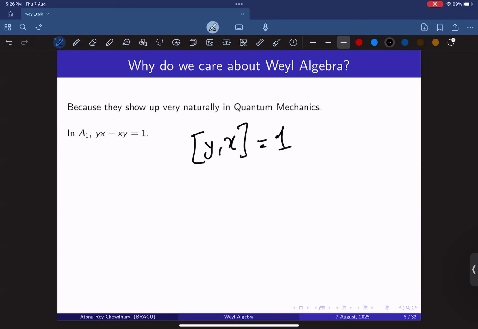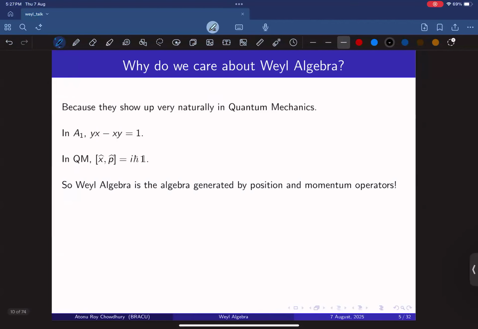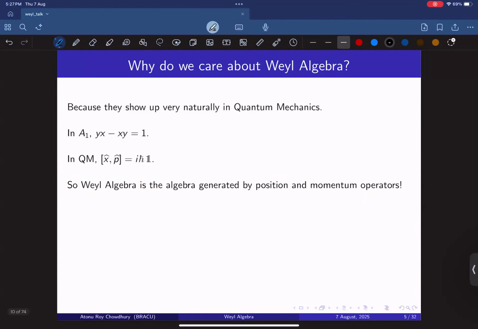Of course it does, because in quantum mechanics, the commutator of the position operator and the momentum operator is i h-bar. Therefore, the Weyl algebra is basically the algebra generated by the position operator and the momentum operator. So that's why we want to work with the Weyl algebra, because it pops up very naturally in quantum mechanics.